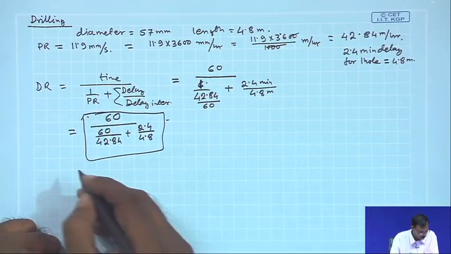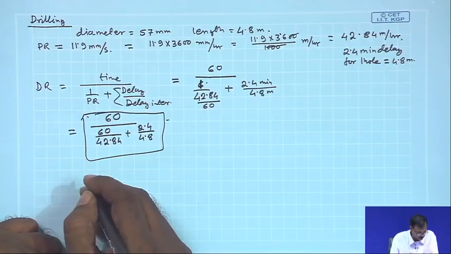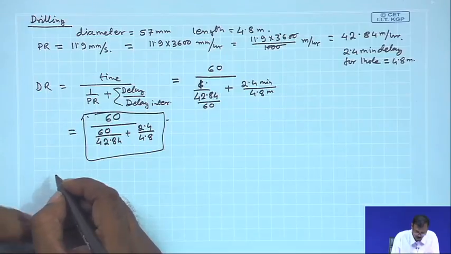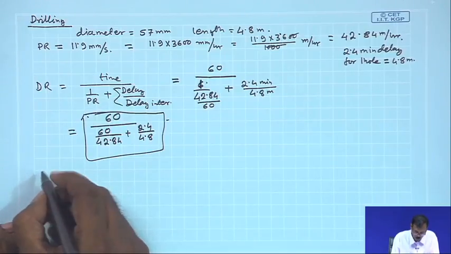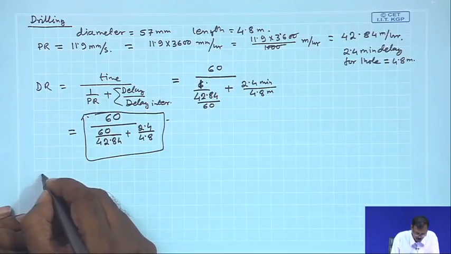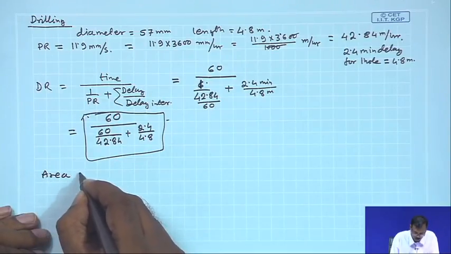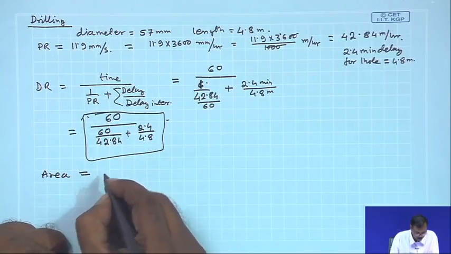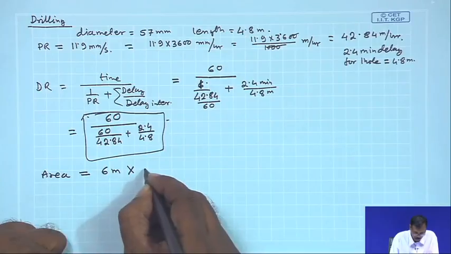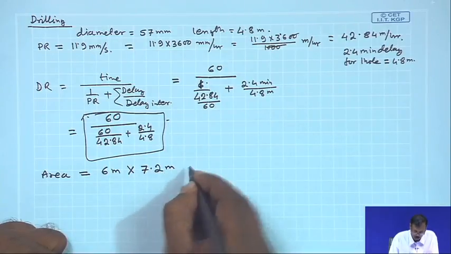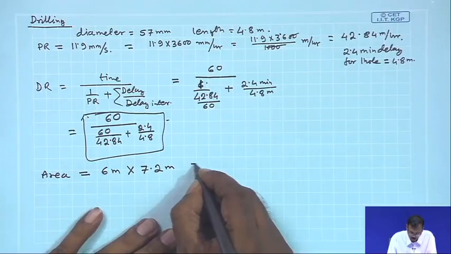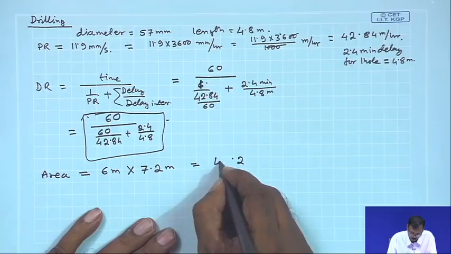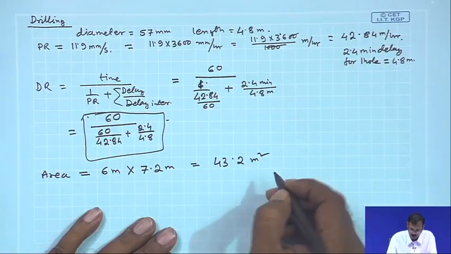Now, what we are carrying out is that we need to drill how many holes. Let us consider this one. The area is given to us as 6 meter by 7.2 meter. So, the cross sectional area is coming to 43.2 meter square.